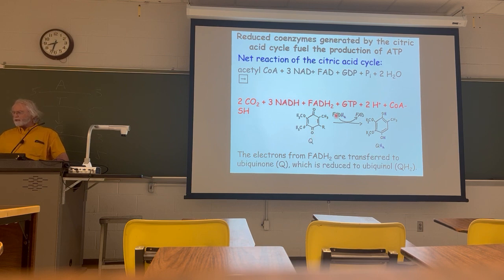And that accepts electrons from FADH2 to make ubiquinol. So these double bond oxygens are then reduced to hydroxyl groups to make ubiquinol. And then these are carried forward to the electron transport chain that we're going to talk more about today.